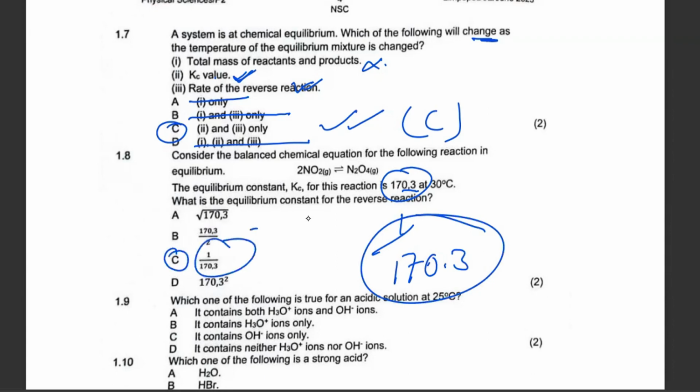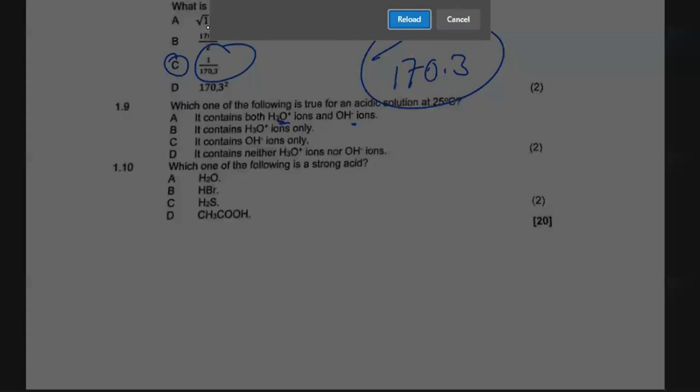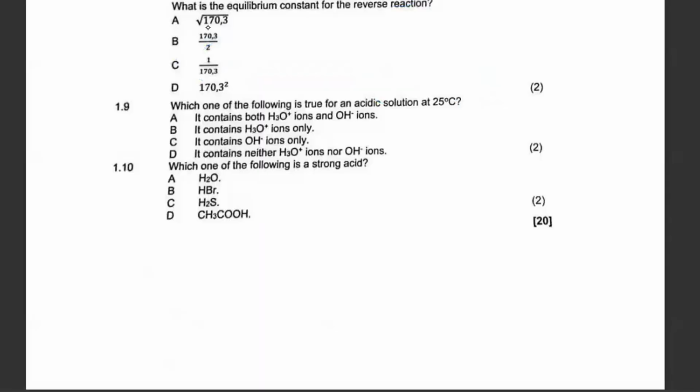Yes. Then we go to question 1.9. Which one of the following is true for an acid solution at 25 degrees Celsius? Let me clear it up. Okay, acidic solution.